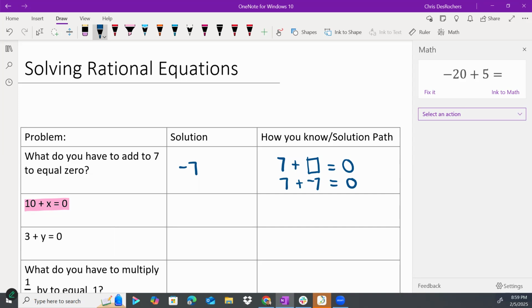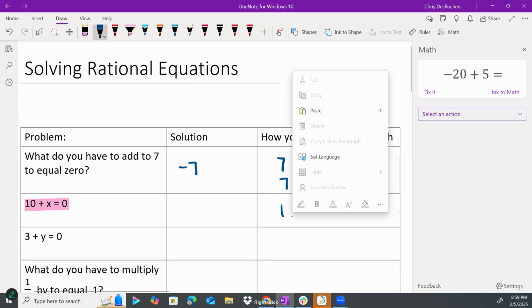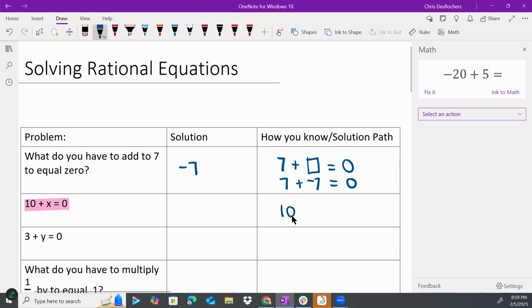So if we have 10, and we add some number x to it, we don't know what that is, equals 0, then we might think, if I add 10 plus -10, that's going to be equal to 0.